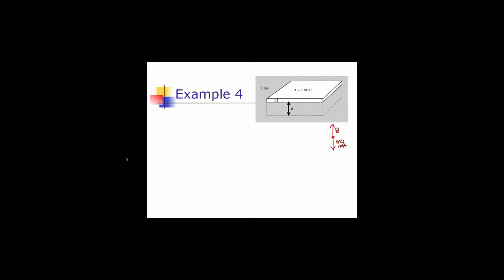What I can say is the raft is in equilibrium. So I've drawn a free body diagram, and I know the buoyant force minus the weight of the raft is equal to 0 because it's not accelerating up or down.